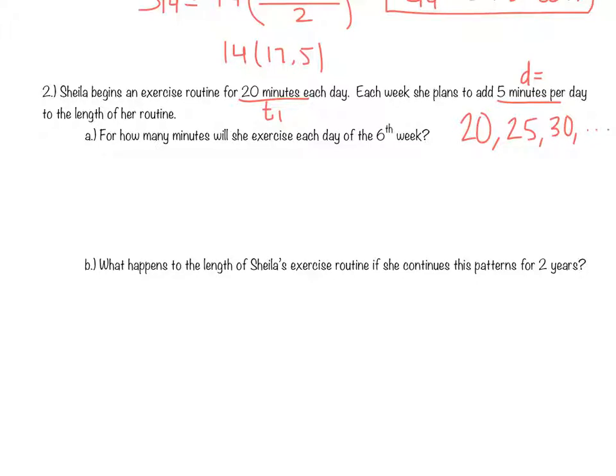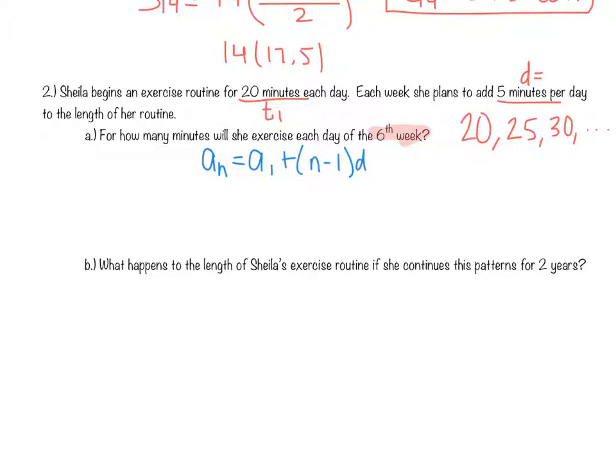Okay. Remember that if we want to find any term within a sequence, whether it's the last term, the 5th term, the 25th term, or in this case, the 6th term or the 6th week, we're going to need to use the sequence formula. So the sequence formula, which I like using a, is a sub n equals a sub 1 plus n minus 1 times d.